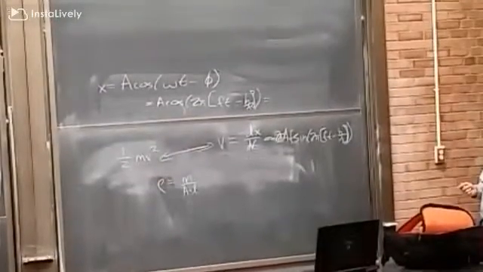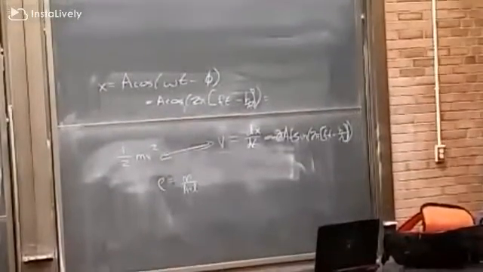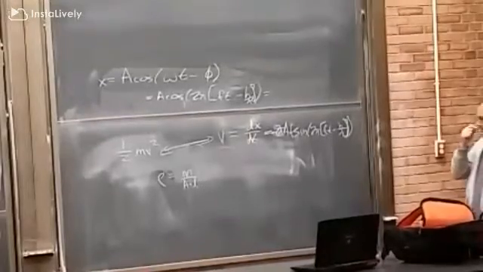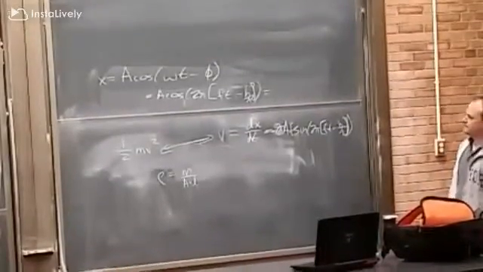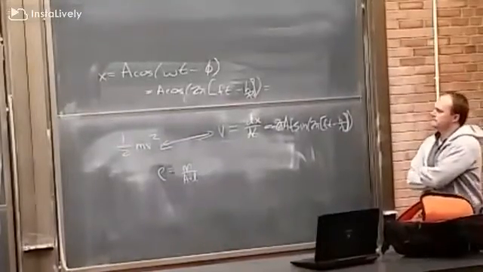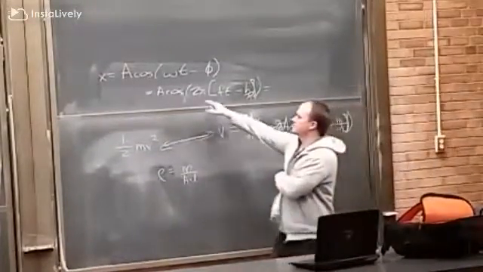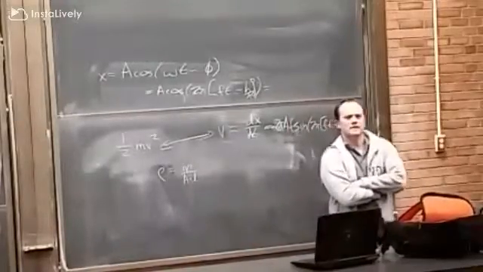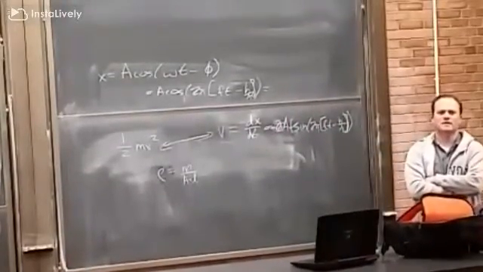Okay. So, I recognize the A cosine omega t minus phi. That's like our small oscillation. Are we just recognizing that this is an oscillating system?